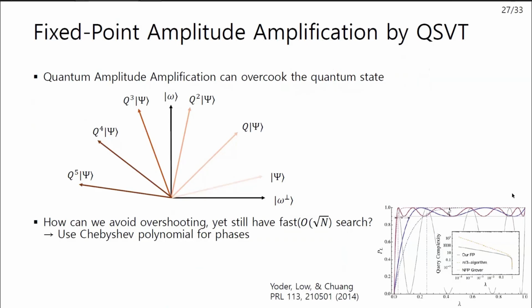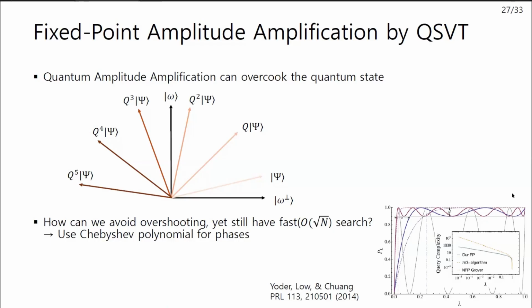Before talking about fixed point amplitude amplification, I want to talk to you about the original quantum amplitude amplification, which can overcook the quantum state. If you can see the picture on the left side, your initial state is psi, and you can think of the Grover algorithm.